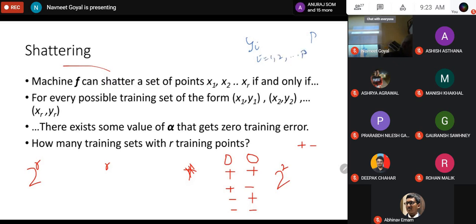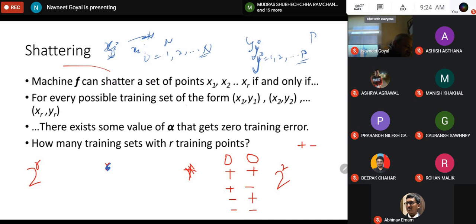Suppose there are n points, so xi takes i from 1 up to capital N. So I'm not restricting myself to binary classification anymore, although the examples that we work out will be for binary classification problems. I have p classes and I have n training points.